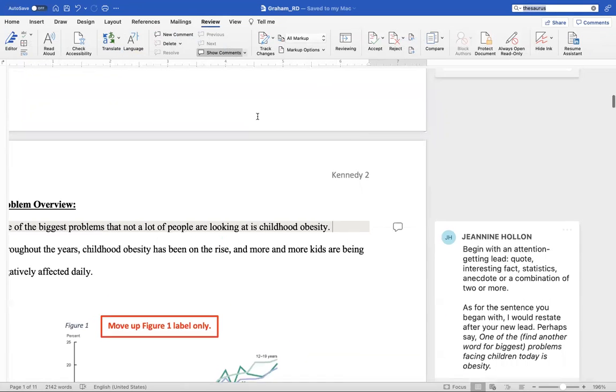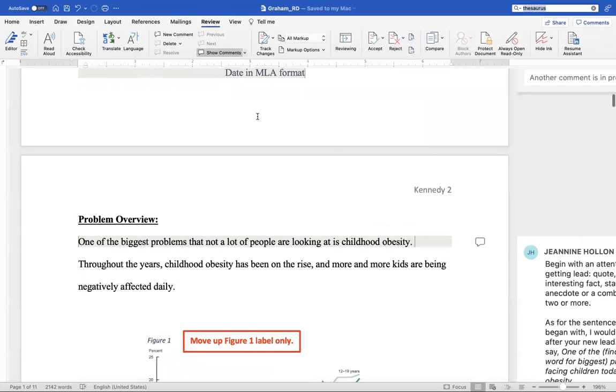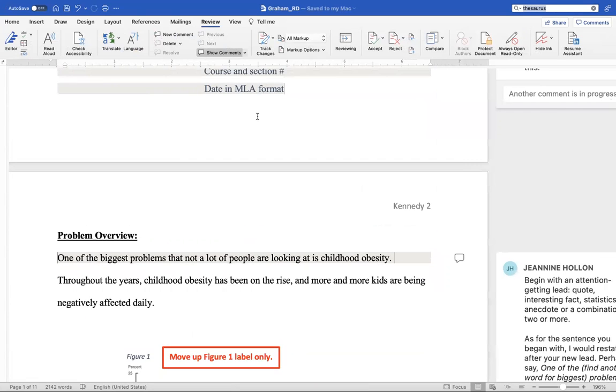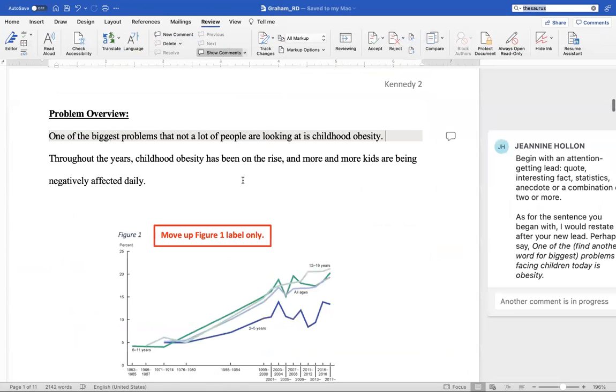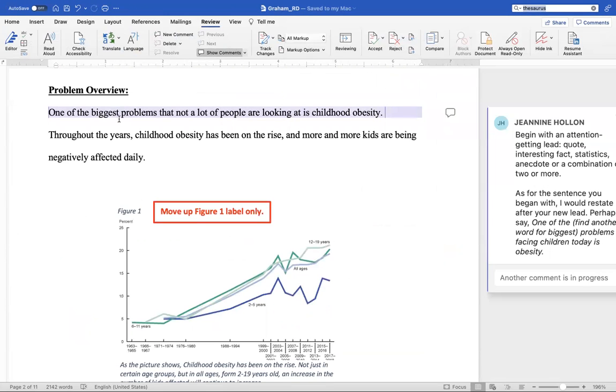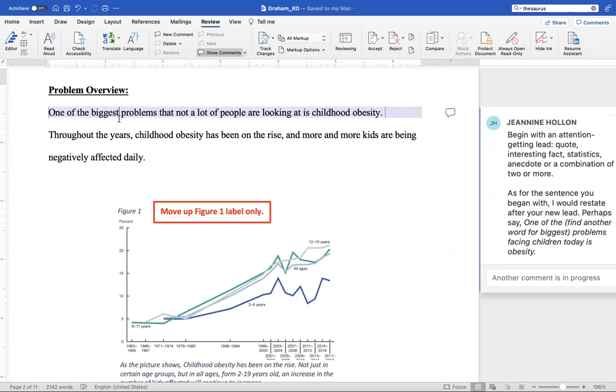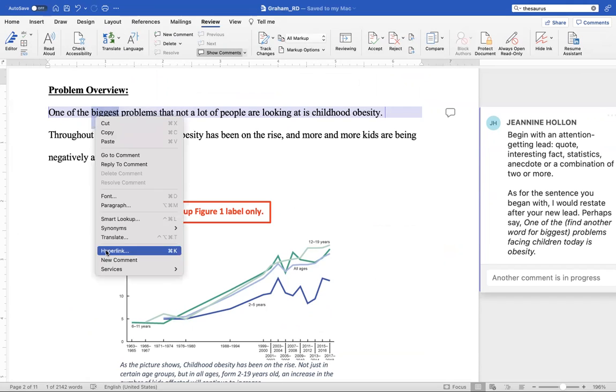Is it showing? Thesaurus. Sorry, I need to have my readers on and I don't. Well, you should be able to go to your tools and highlight a word and go to the thesaurus and it will give you another word for it. Let me see if it's here. Nope.